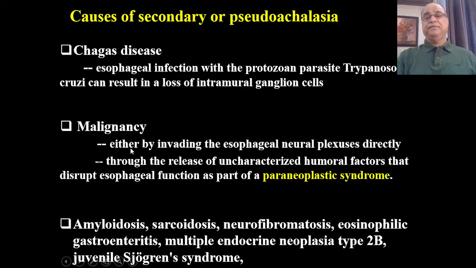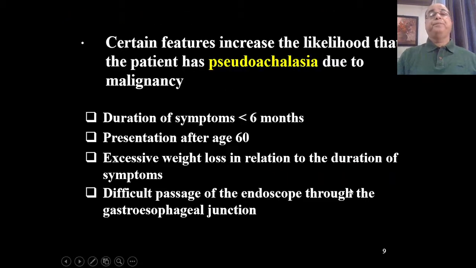Then malignancy in the lower part of the esophagus, either by invading the esophageal neural plexus directly or indirectly through the release of uncharacterized humoral factors that disrupt esophageal function as a part of paraneoplastic syndrome. Then diseases like amyloidosis, sarcoidosis, neurofibromatosis, eosinophilic gastroenteritis, MEN type 2B, which is multiple endocrine neoplasia type 2B, and juvenile Sjogren's syndrome.